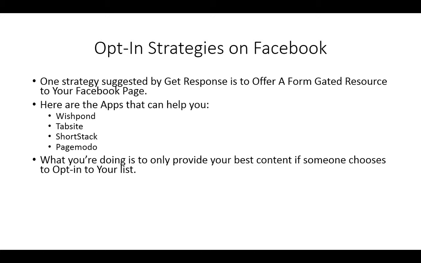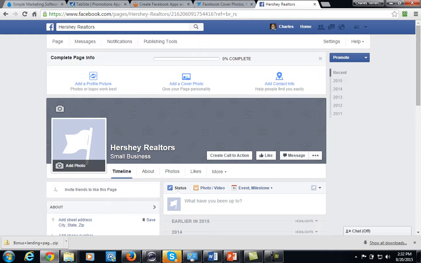Now, the other thing that you can do in terms of increasing the opportunities that you have for opt-ins, and this is obviously covered in a number of marketing guides, is the call to action button on Facebook. And Facebook gives you that opportunity on every fan page, and it's pretty clearly marked. You're just going to click the create call to action button there.